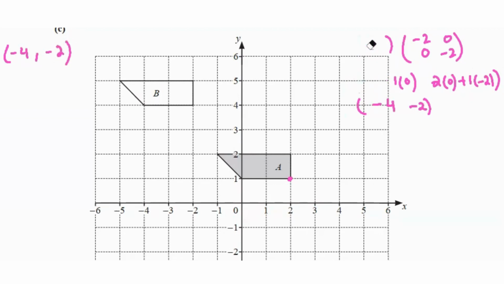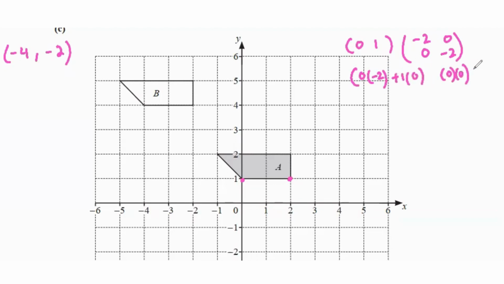For the next pair, I'm going to pick this one, 0, 1. So for 0, 1, it's going to be 0 times negative 2 plus 1 times 0, 0 times 0 plus 1 times negative 2. It's going to be 0 and negative 2.